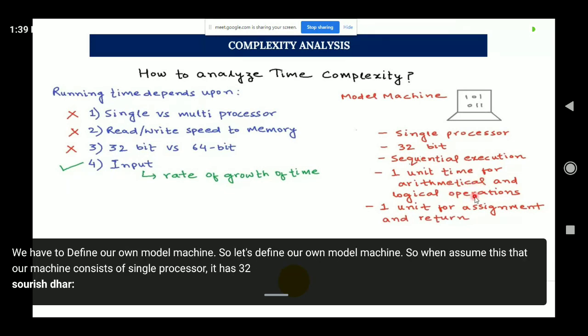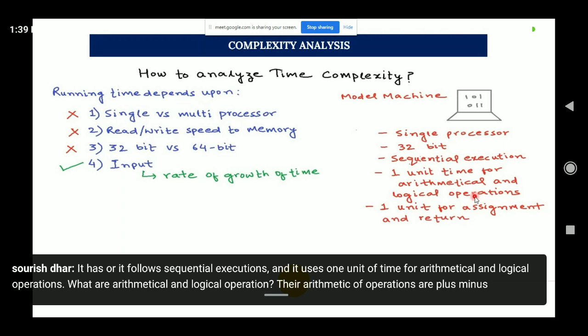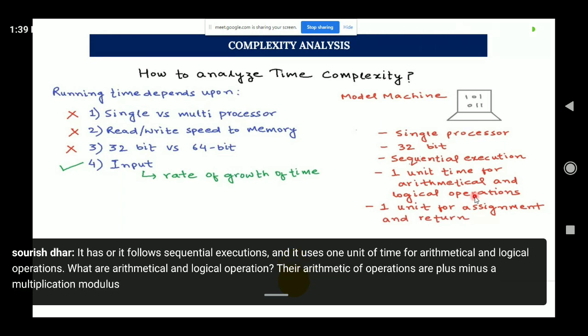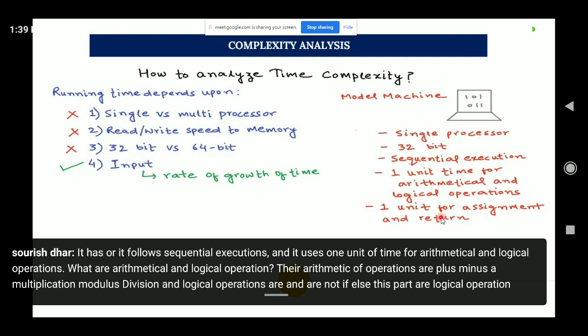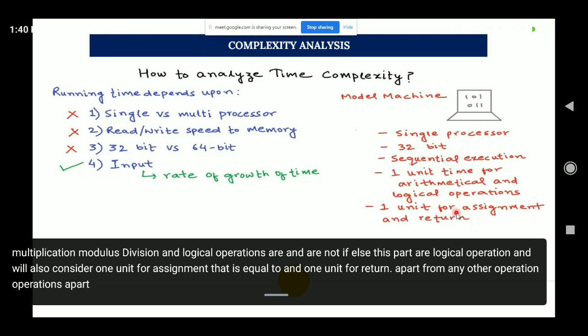What are arithmetical and logical operations? Arithmetical operations are plus, minus, multiplication, modulus, division. And logical operations are and, or, not, if, else. We'll also consider 1 unit for assignment, that is equal to, and 1 unit for return.